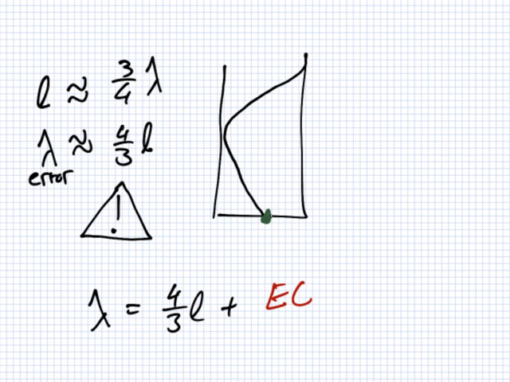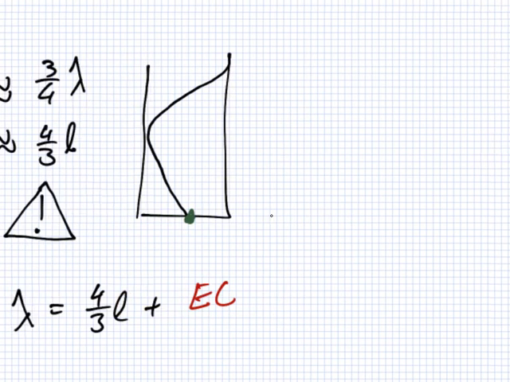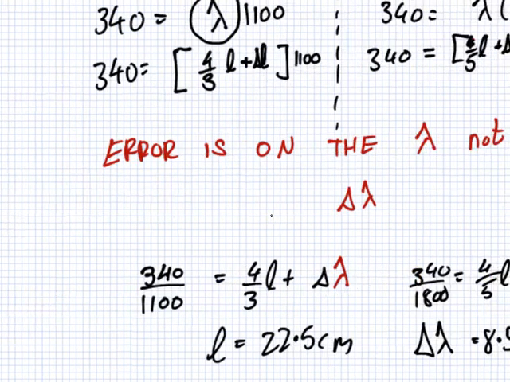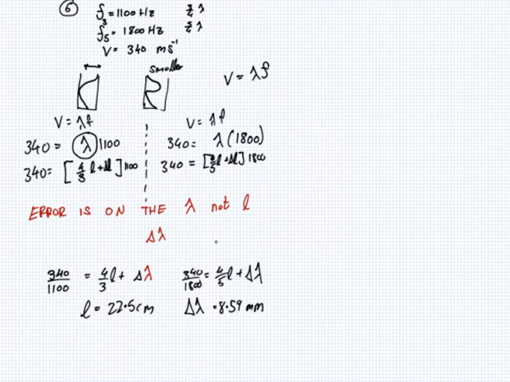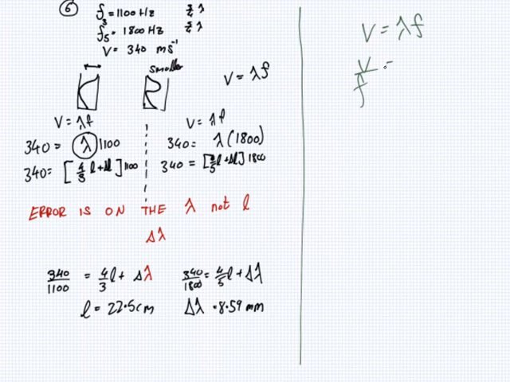I suppose that's okay. What you're doing, Monica, the way Monica's doing it, is another way to do it, we'll just leave that for a moment. What you could do is just forget about the error for a moment, and you have V equals lambda F, so you get V over F equals lambda.